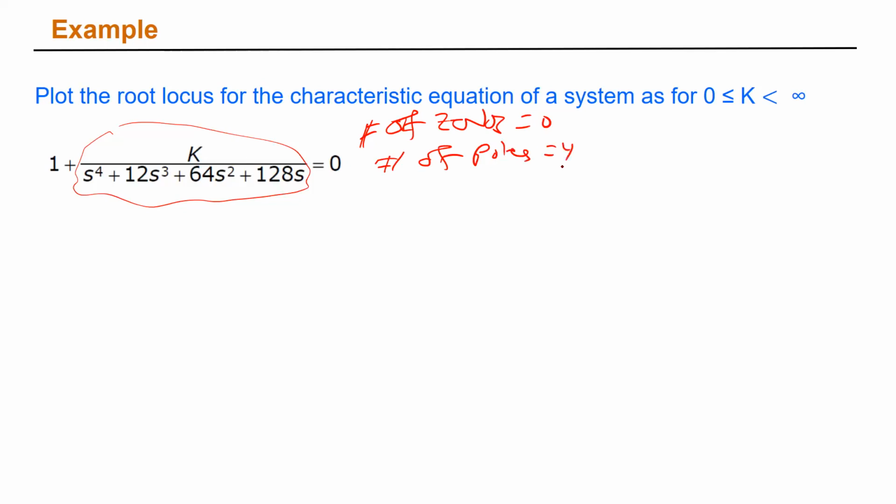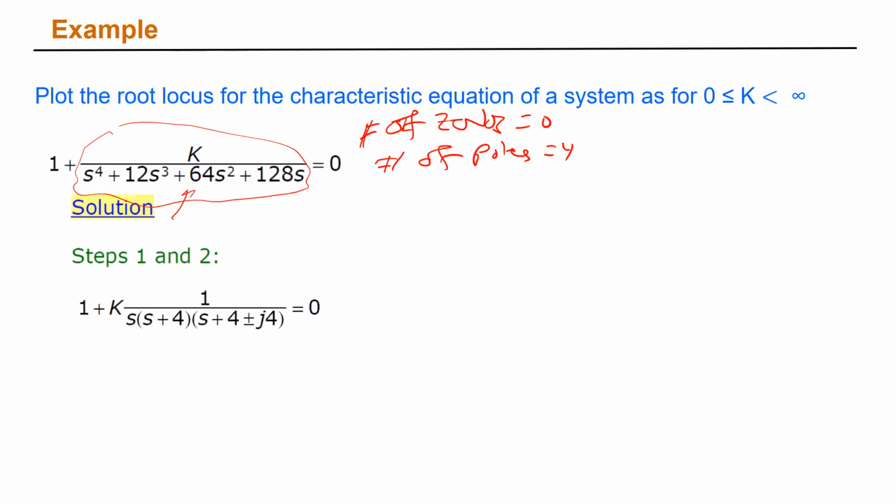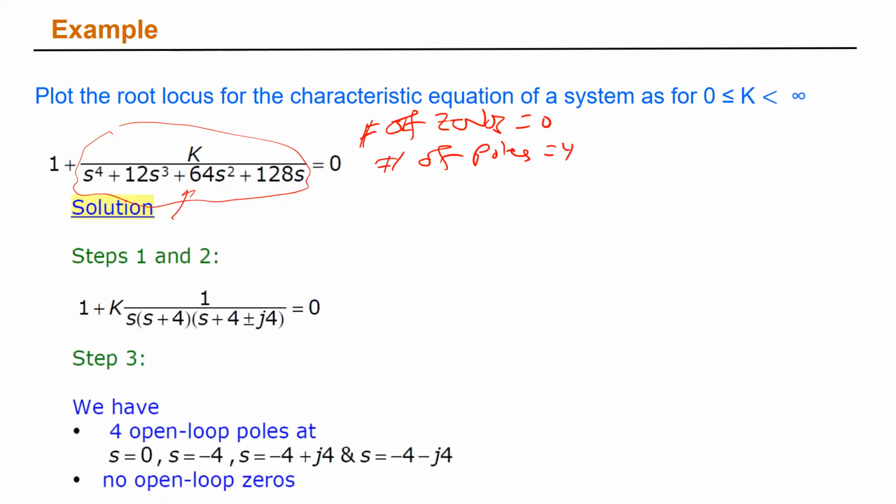Now, let me locate the poles of the open loop system. You set the denominator to 0, isn't it? Yes. So this is the location of the poles of the system: 4 open loop poles, no open loop zero.